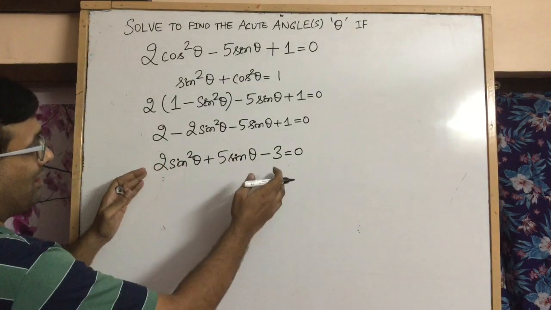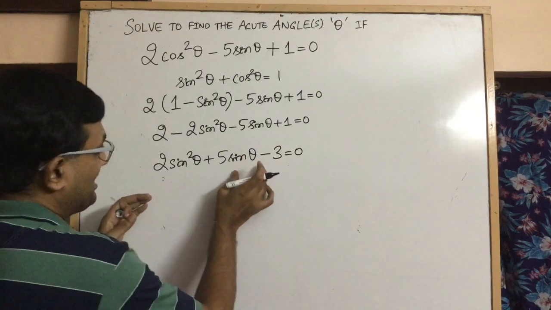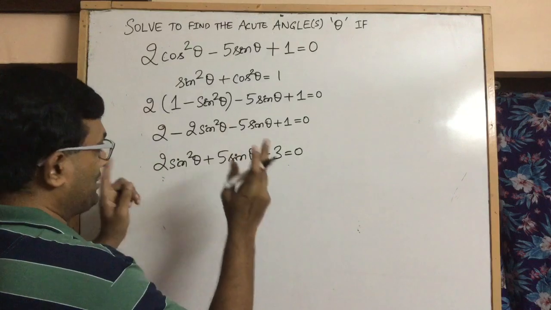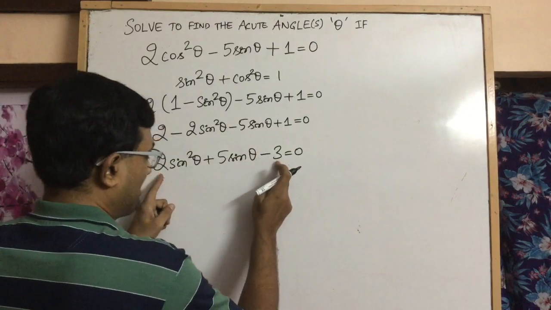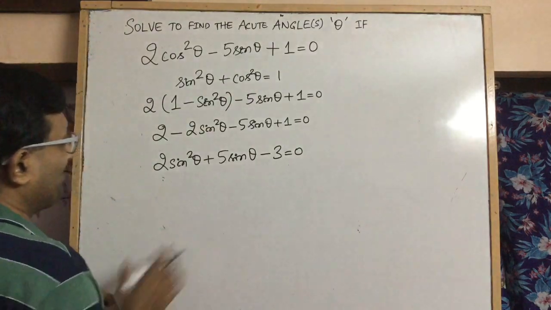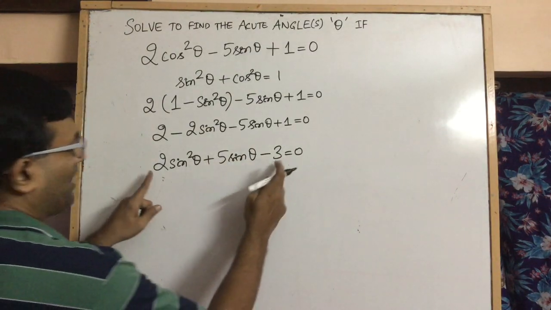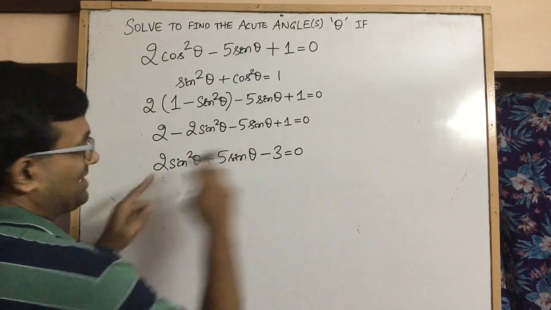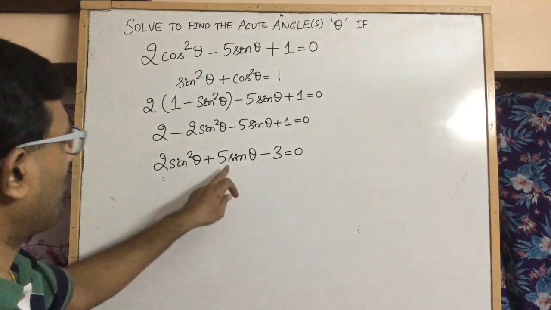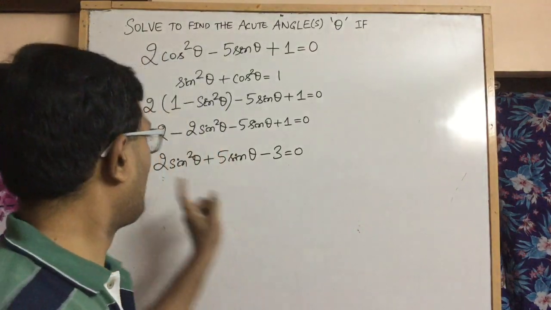Now we are looking for two values such that their product is minus 6 and their sum is plus 5, right? We are trying to factorize this expression. That's the goal. And it's obvious, right? Minus 6 and plus 5. So 6 into minus 1 is minus 6.